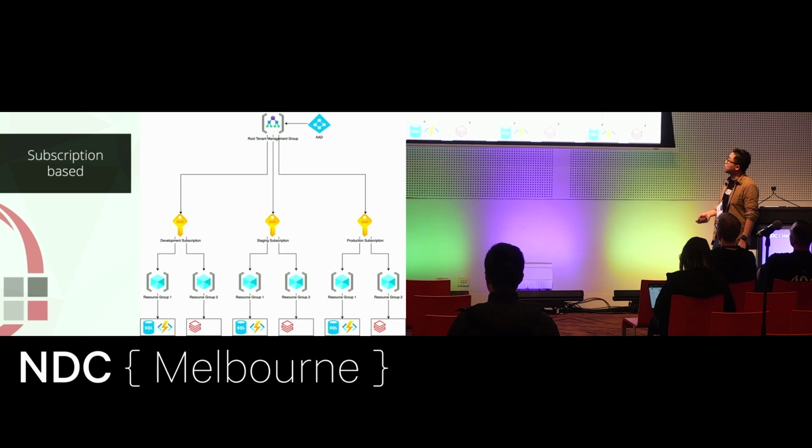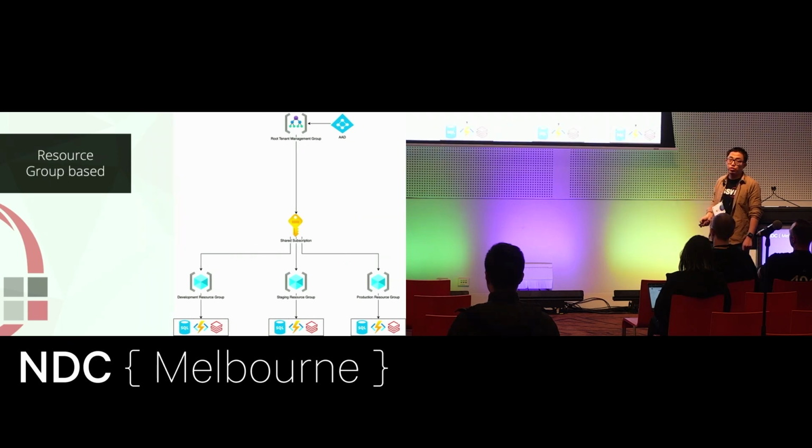As a comparison, there is the subscription-based environment setup, where we skip the management group level and come to the subscription directly. We use your virtual wallet to organize your environments. And then we have a development subscription, staging, and production.